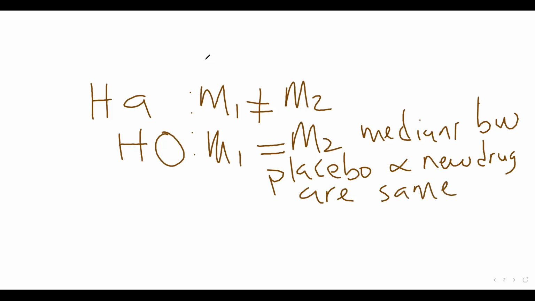But what does that mean in principle? Now, what this means in principle is that if the median number of episodes of shortness of breath for the placebo group and for the new drug group are the same, then what it means in principle is that the new drug is not effective.